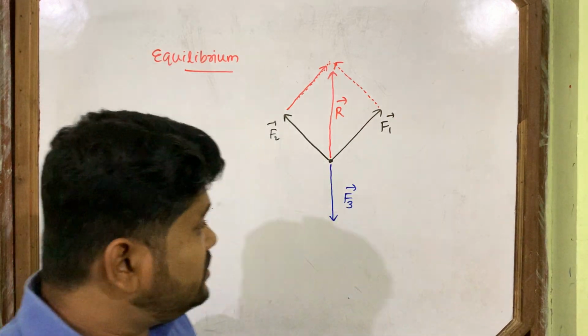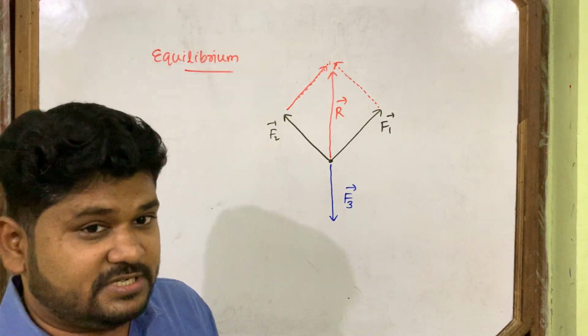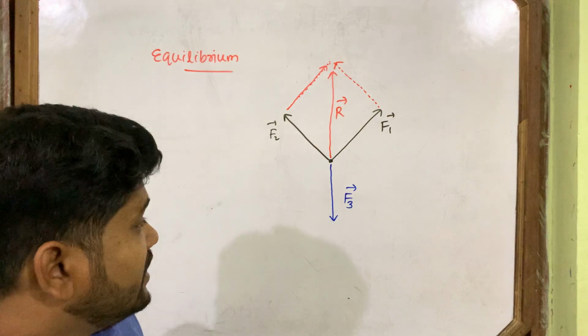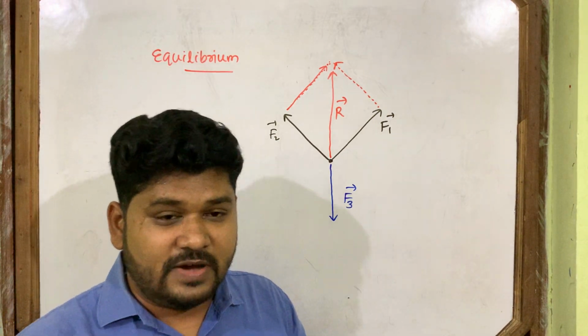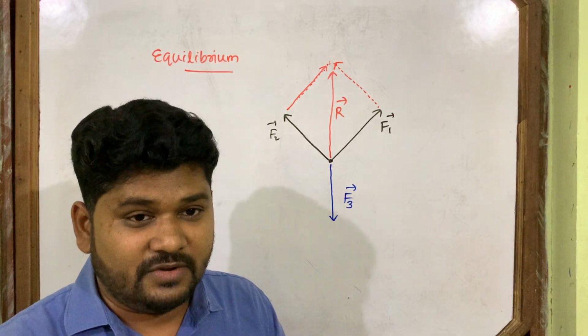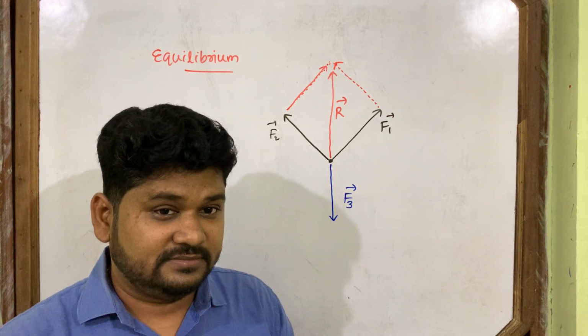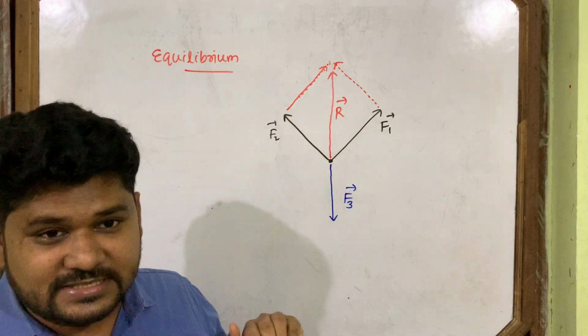So this is about equilibrium, but in this I want to tell you the definition of one quantity called equilibriant. What is equilibriant? This F1, F2, this is the resultant.